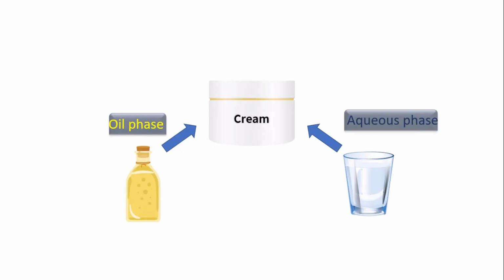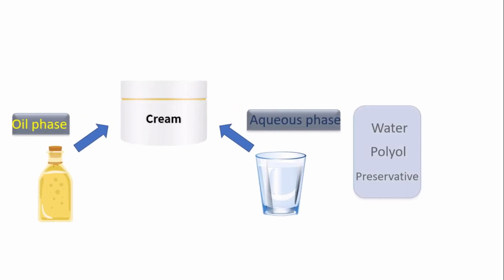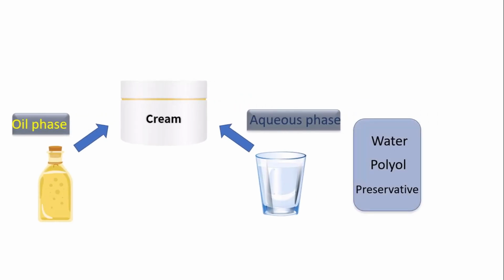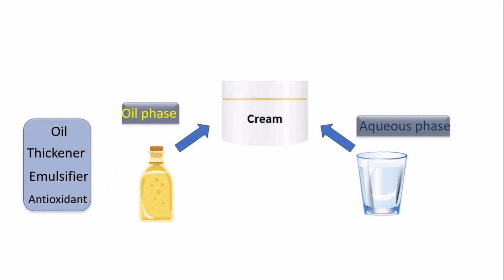Now, let's discuss what ingredients we need to make a cream. In the water phase, we use three types of substances: water, which should be either distilled or deionized water; polyols and preservatives; and in the oil phase, oils, thickeners, emulsifiers, and antioxidants are used.